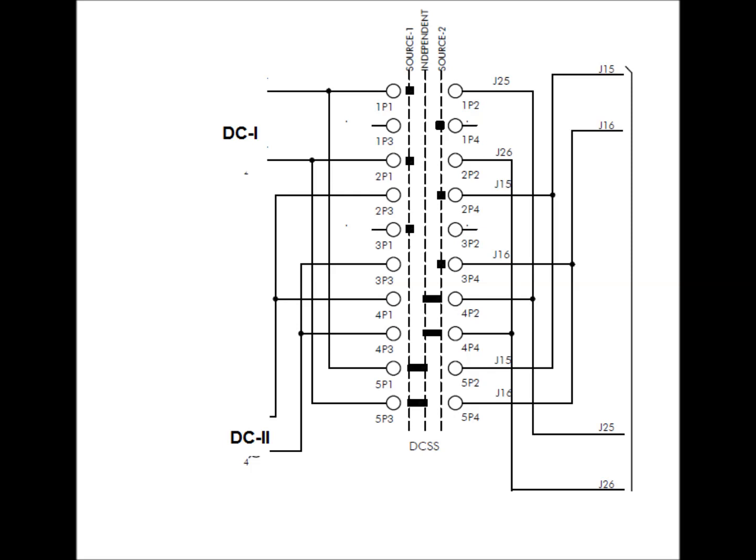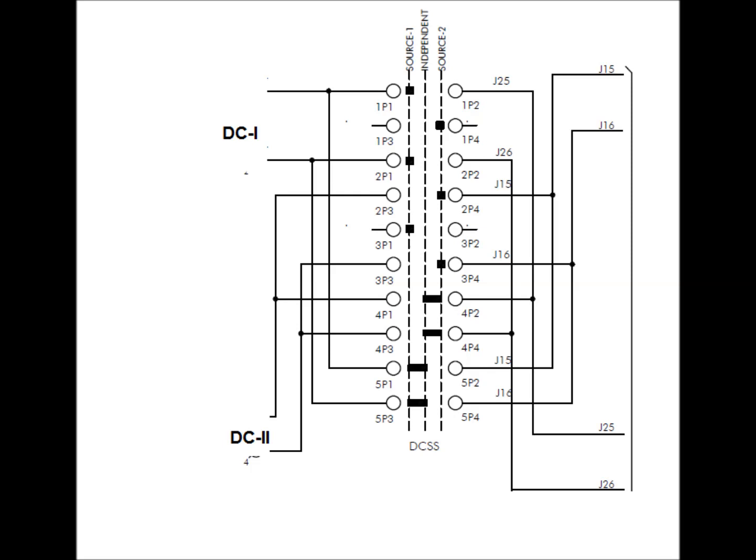Here the selector switch for DC selection has been shown in this diagram. After the selection, there exist two outputs, J15 and J16, and another, J25 and J26.